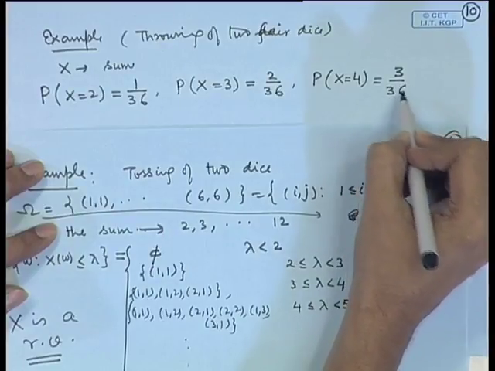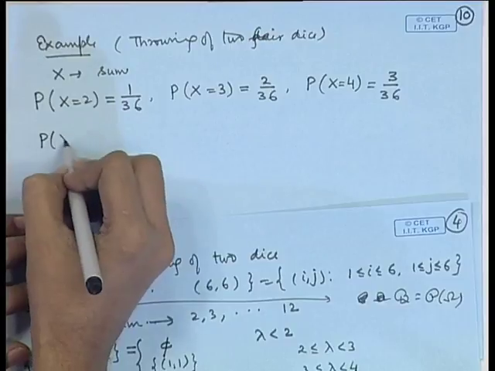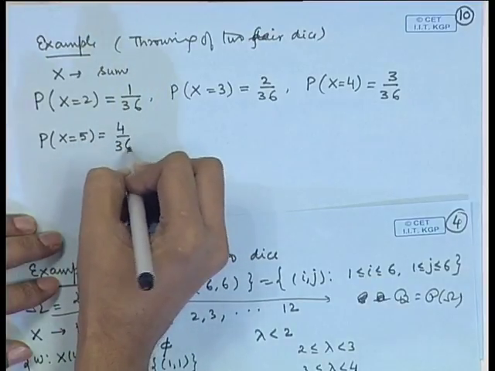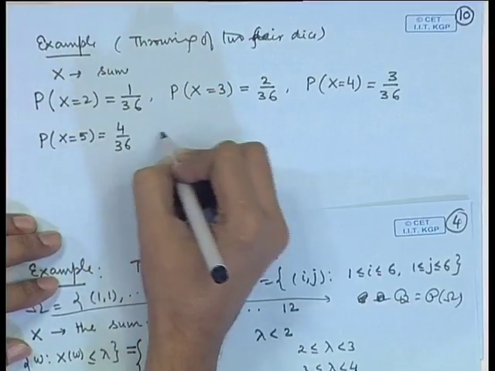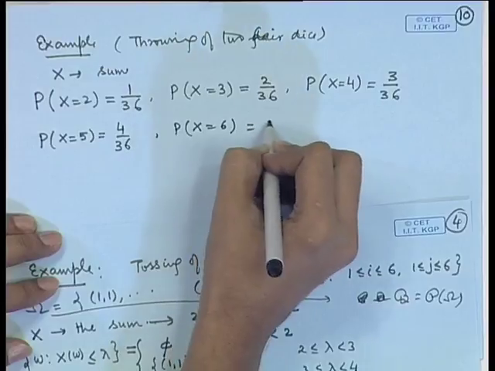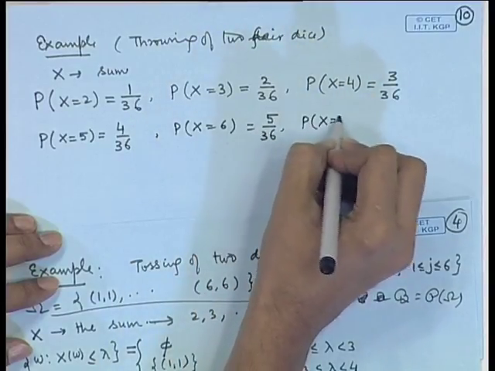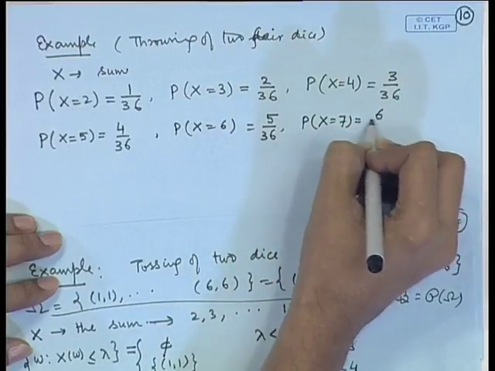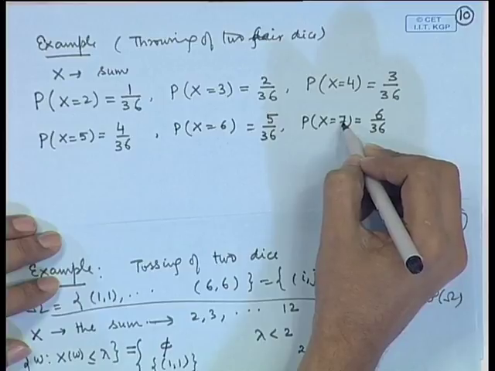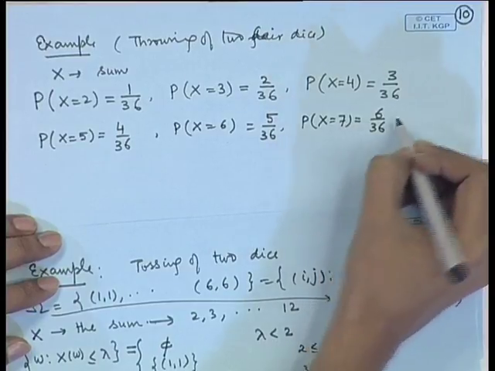In this fashion, the probability of X equal to 5 is 4 by 36, with outcomes 1 4, 4 1, 2 3, 3 2. The probability of X equal to 6 is 5 by 36. The probability of X equal to 7 is 6 by 36, with favorable outcomes 1 6, 6 1, 2 5, 5 2 and 3 4, 4 3.